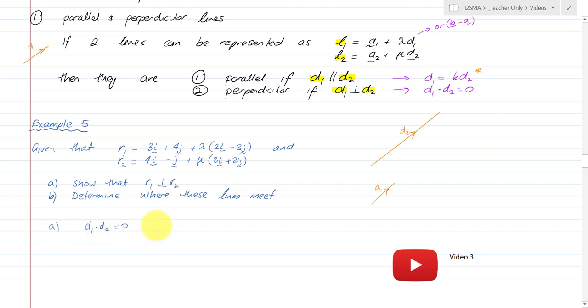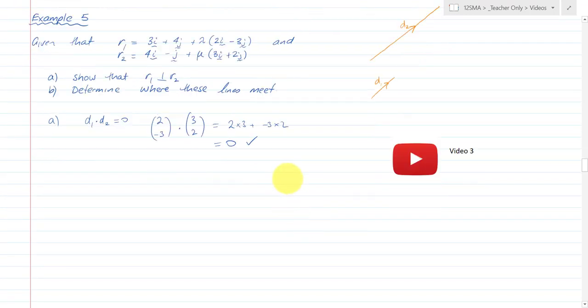If we consider D1 and D2, we get (2, -3) dot (3, 2). We want this to equal 0, and (2, -3) dot (3, 2) is equal to 2 times 3 plus negative 3 times 2, which indeed equals 0.